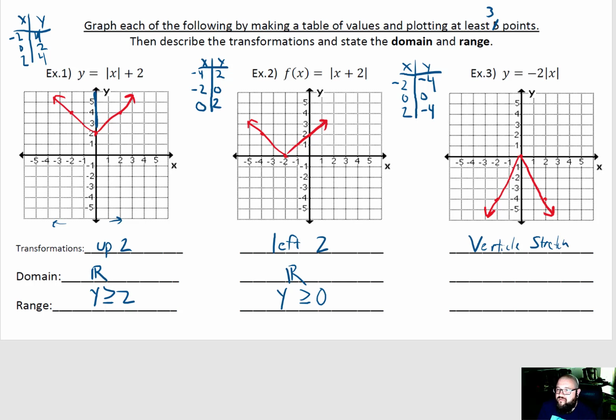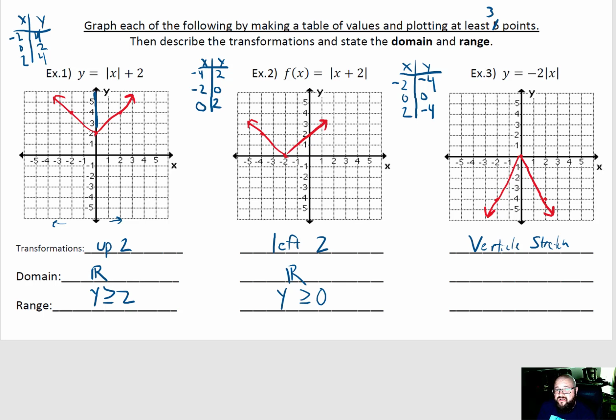Alright, so that value outside of the absolute value sign, if it's multiplying it, would be either stretching or compressing it. When you have a whole number, it's going to stretch it. When you have a fraction, it's going to compress it. We'll touch on that more later, but keep that in the back of your mind. If it's a whole number, like the negative 2 we have here, it's going to stretch it.